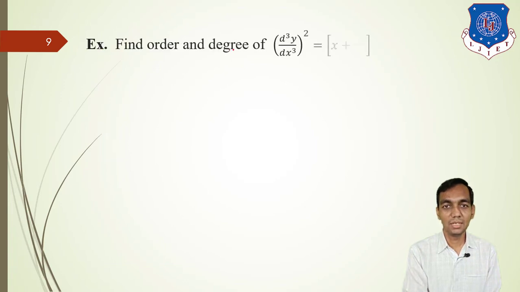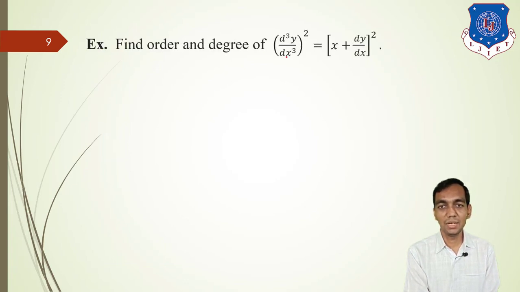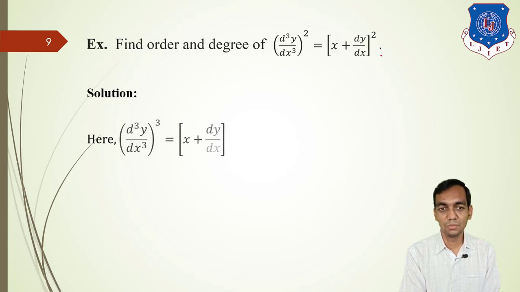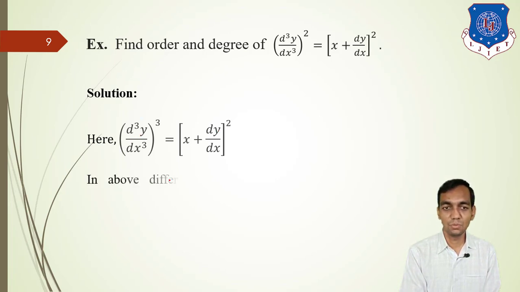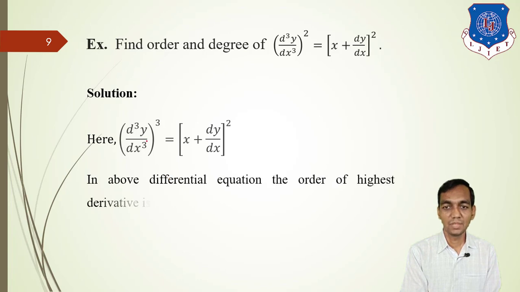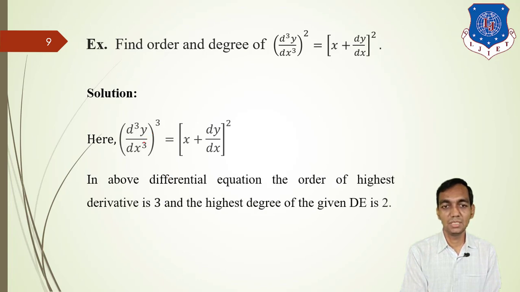In the same manner, we are going to check one more example. Find the order and the degree of (d cube y by dx cube) the whole square is equal to x plus (dy by dx) the whole square. Now see here, this is already in a linear form, correct? So directly, the highest order derivative is 3.